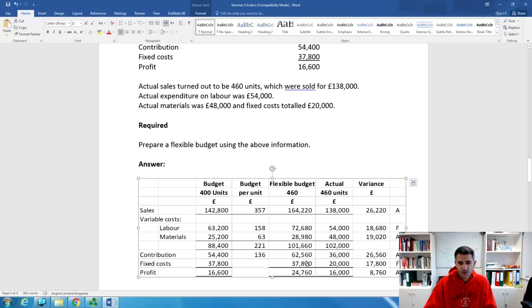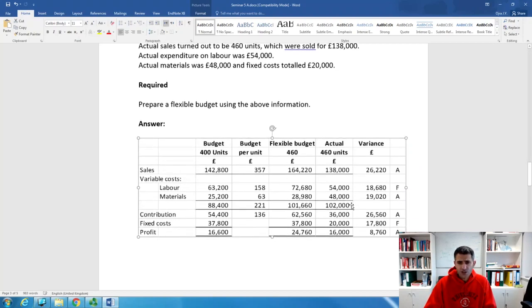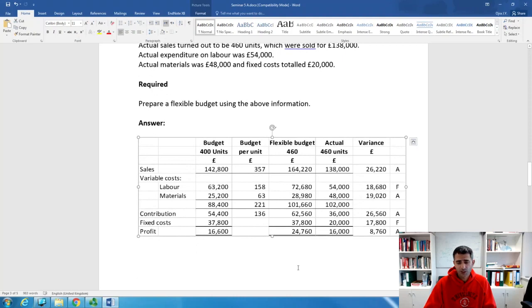And after that you need to take away the fixed cost 37,800, which brings you to 24,760 pound, which is the profit. So as you see, we calculated the flexible budget here.